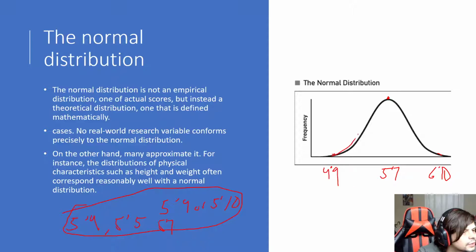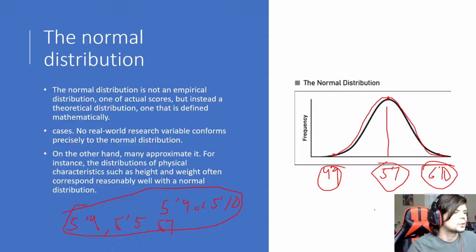It's probably one of the best examples of a real normal curve, because naturally it's more common for people to be around this height right here than it is for people to be this height or this height. So that would be a normal distribution for height and weight.